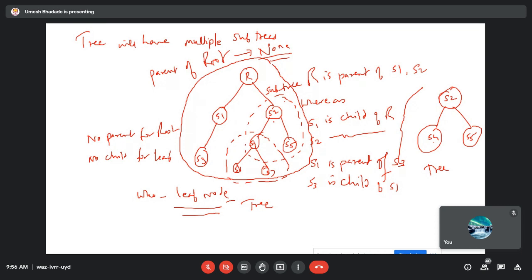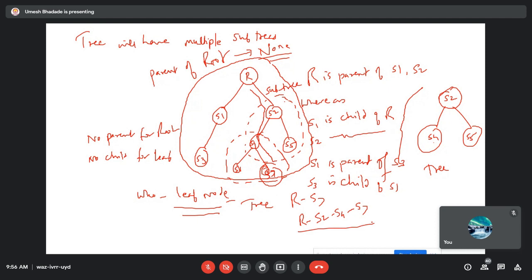The nodes to be visited from source to destination, including both, is called path. Suppose I want to go from R to S7. इसका पाथ क्या होगा? R to S2, S2 to S4 and S4 to S7. So the path will be R, S2, S4, S7. ठीक है?